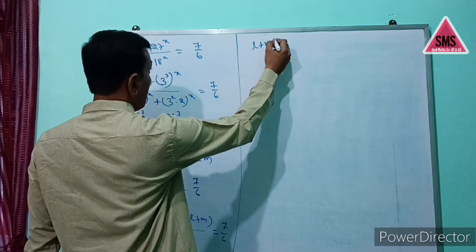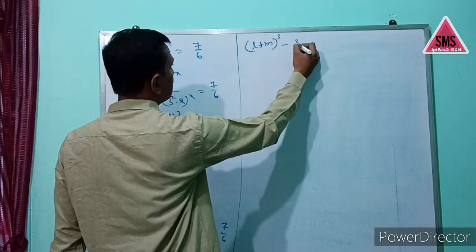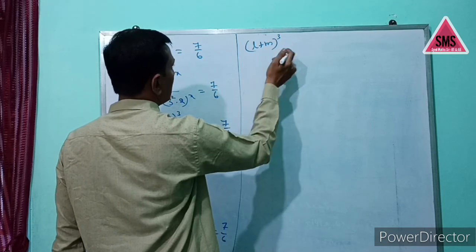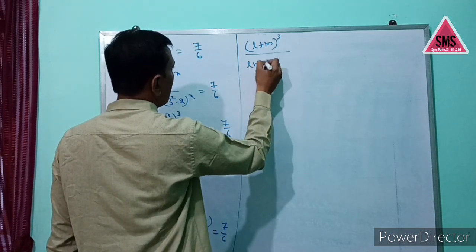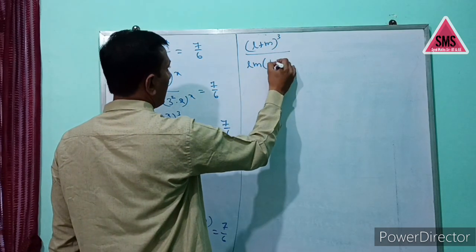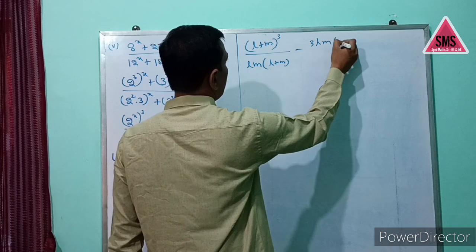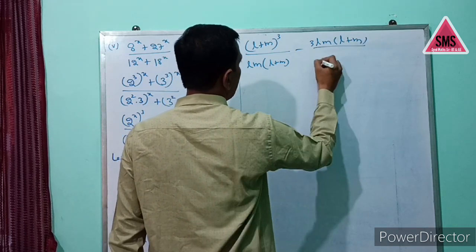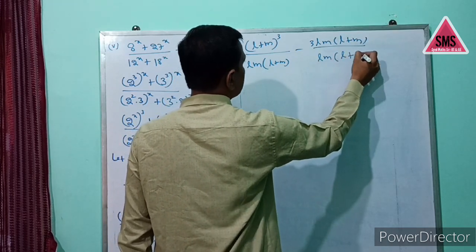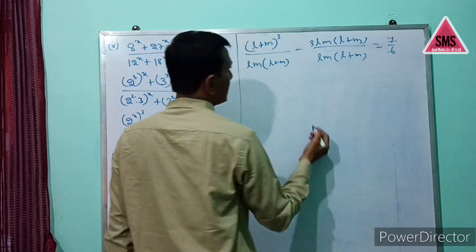So L plus M whole cube minus 3LM into L plus M, by LM into L plus M, is equal to 7 by 6.